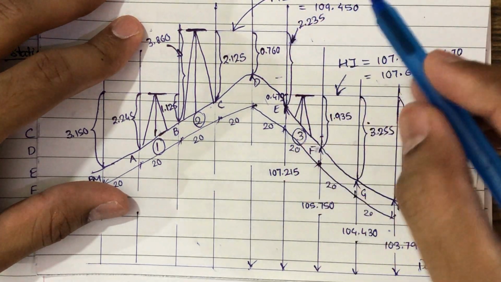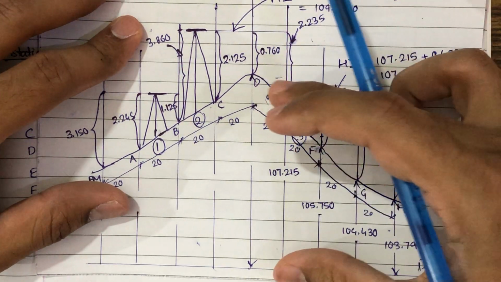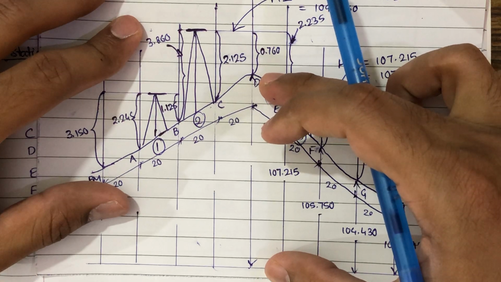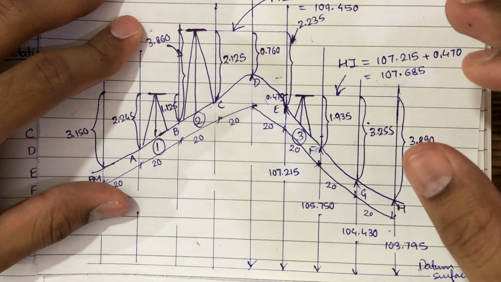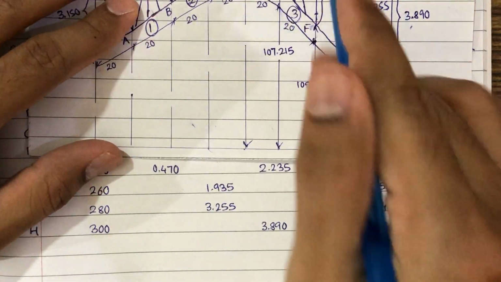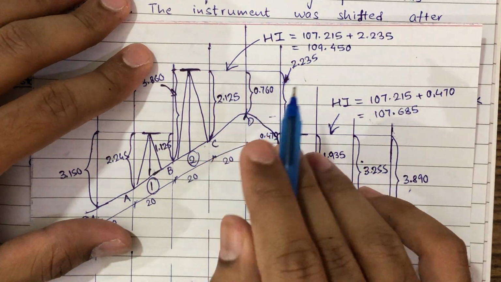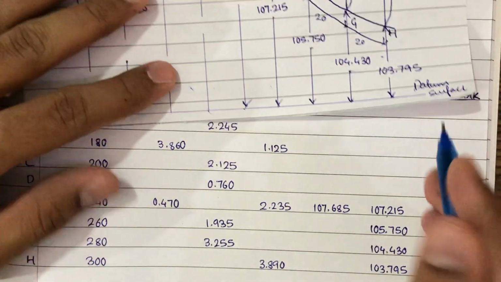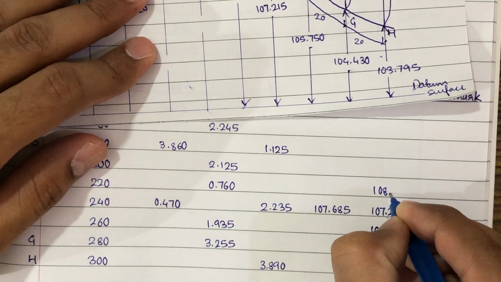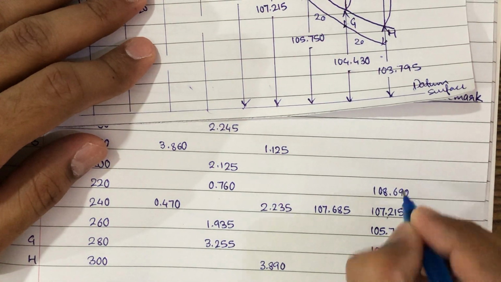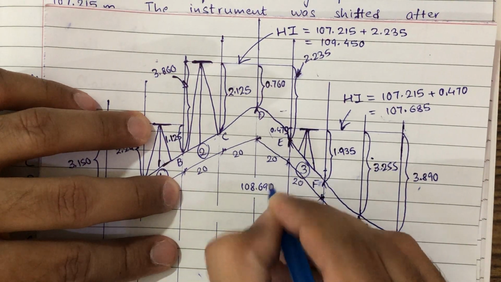To this 109.45, if we subtract this 0.76, we will get the RL at D. So this RL at D comes out to 109.45 minus 0.76. So this value comes out to 108.690.